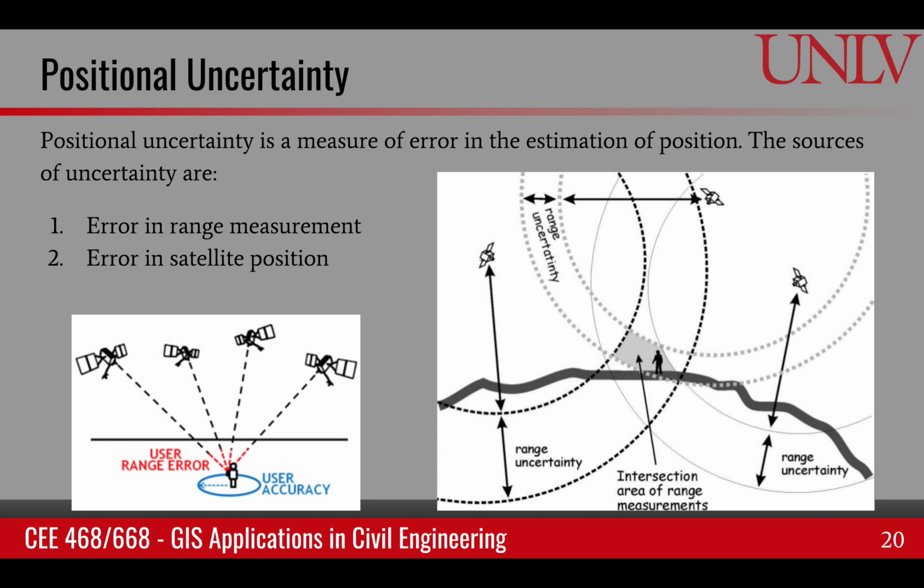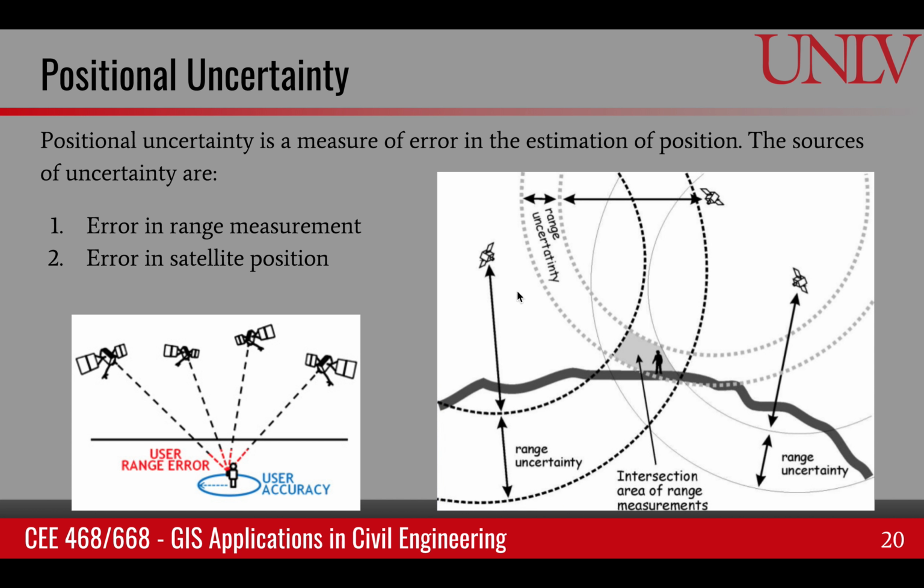The sources of this error can be the errors in the range measurement that we talked about earlier, that can come from the errors in the signal, or it can be errors in the satellite position itself. And so this basically translates into the range, instead of being a crisp single number.